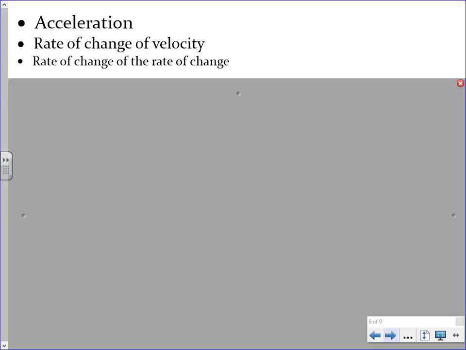So if our position is distance, our velocity is distance over time, acceleration, what kind of units are we going to get there? We're getting distance over time squared.